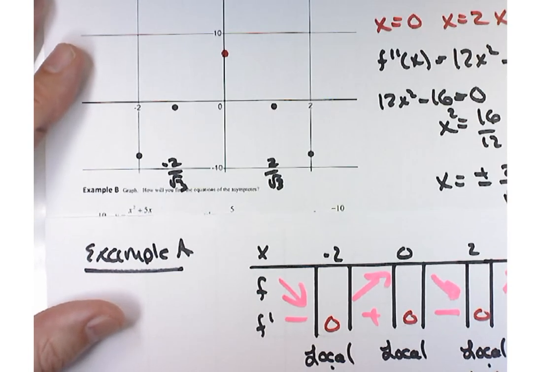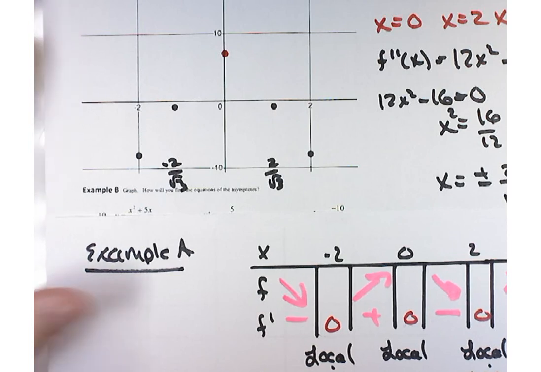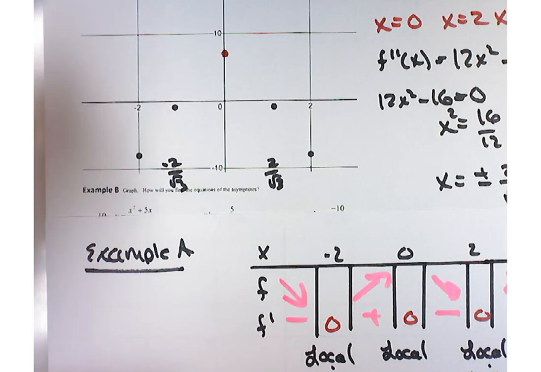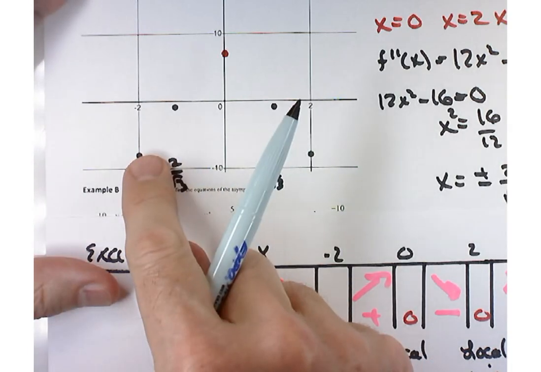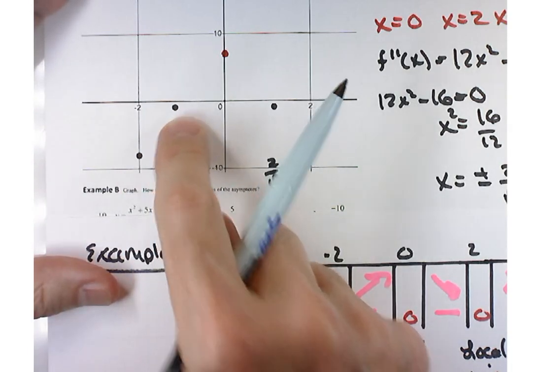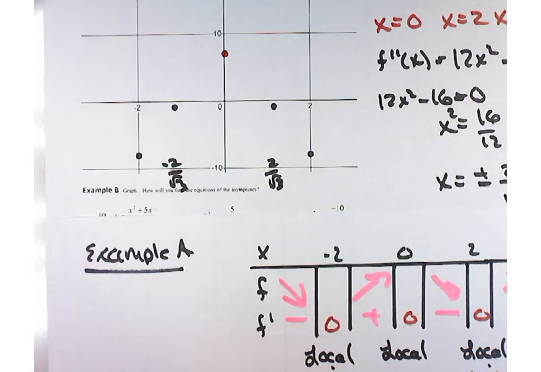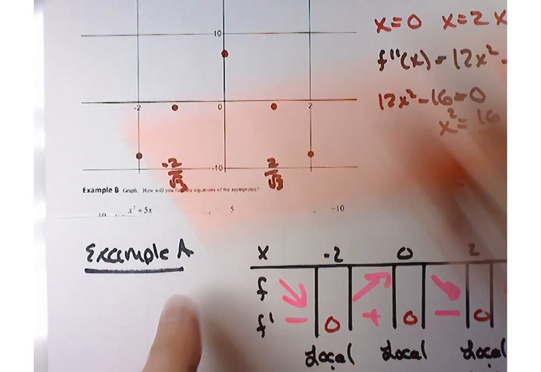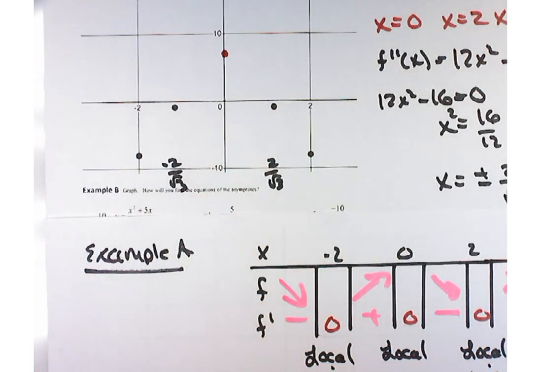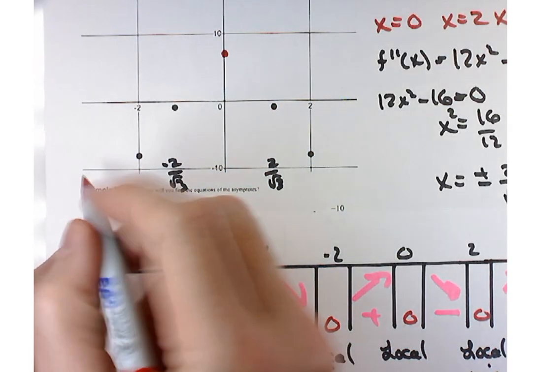But we've got to fit all this together in a nice symmetric graph. One thing this is telling me is that this graph is concave up until I get to right here. So how could I fit that in? Well, the function's decreasing until I get here. This has to be a local min.